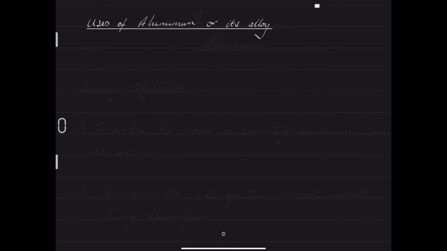So let us look at a few basic uses of aluminium as pure metal or in its alloy state. So I'm just going to list down 3 uses and we're going to discuss them, and then you're going to give me 3 more uses, or as many as you can. So we can use them in pans.